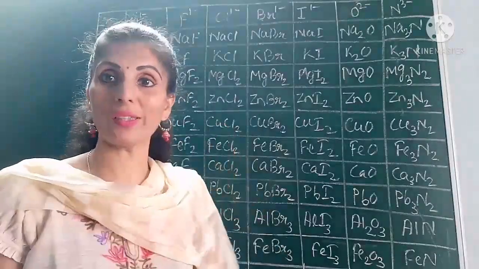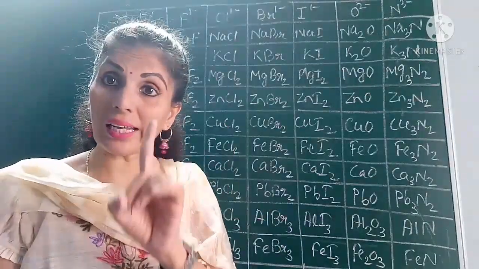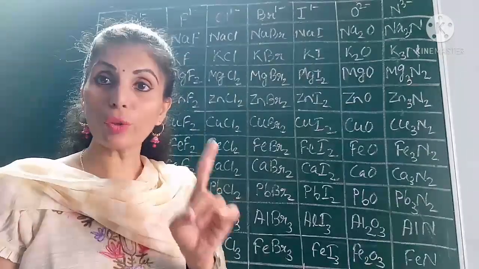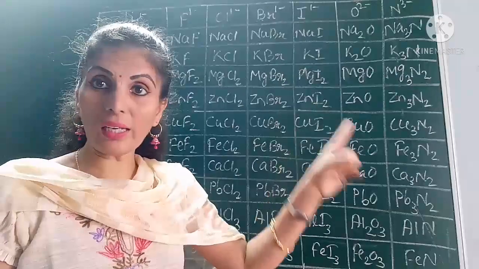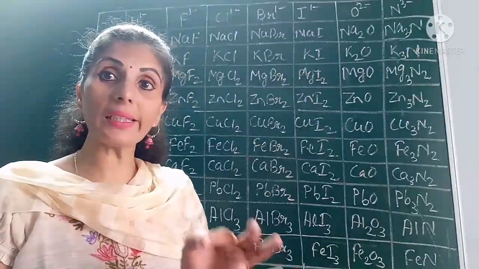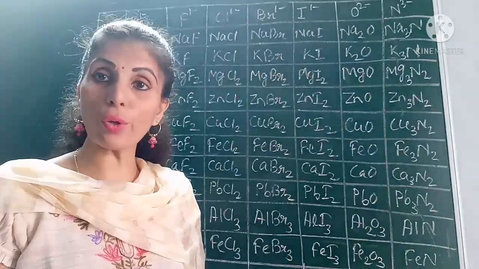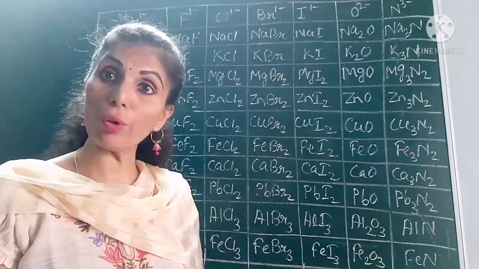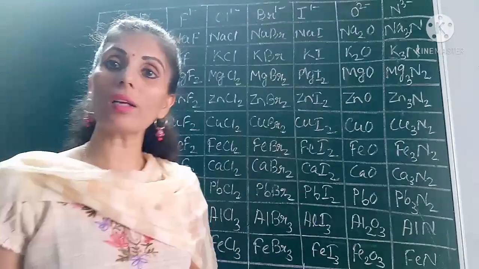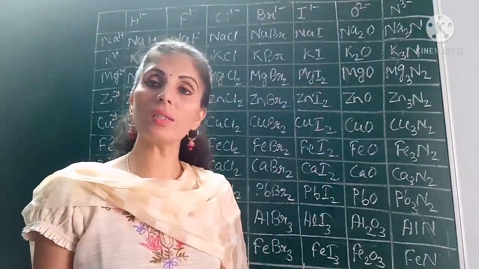This is the key point. With a metal, whatever the element name, you just put IDE. Sodium chloride, sodium bromide, sodium iodide, sodium fluoride, sodium nitride, sodium oxide. Like this with other metals also, you can put this suffix.